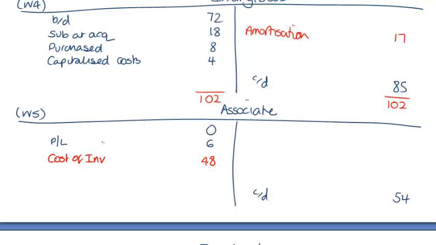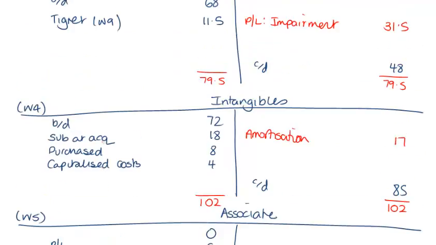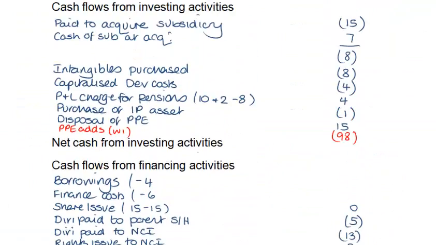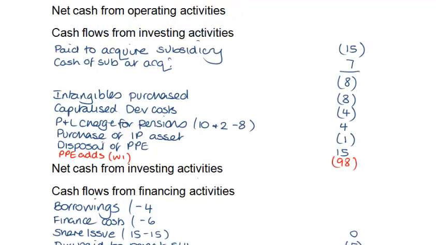Because it's an investment in an associate, that's cash going out of the business. So I'm going to try to find investing activities, acquisition of associate, 48.